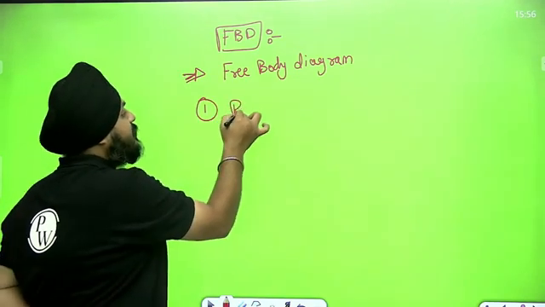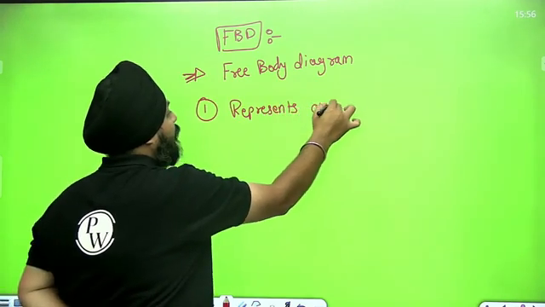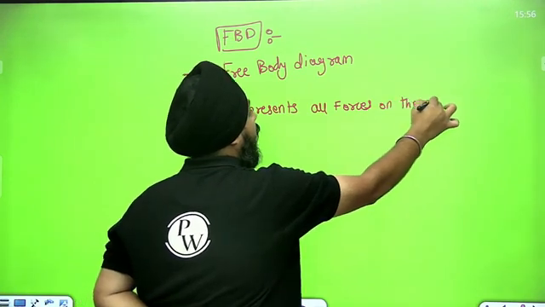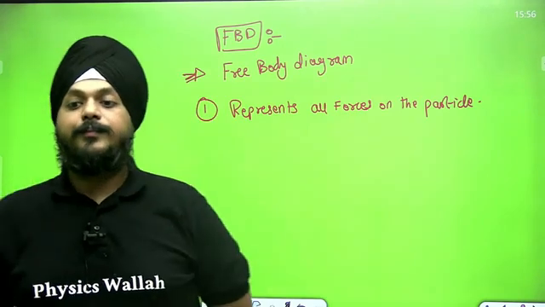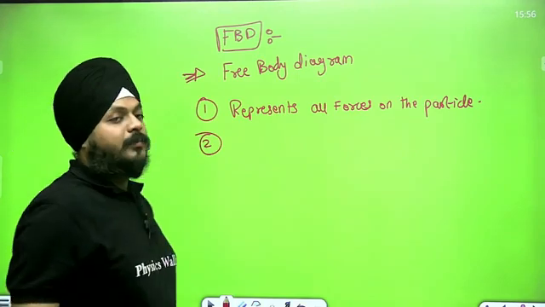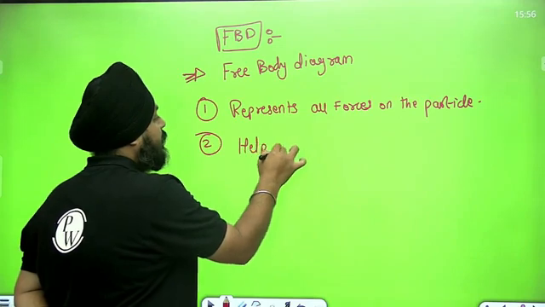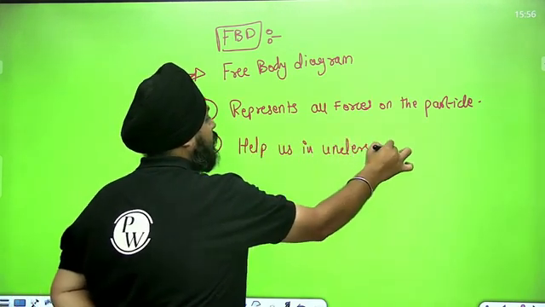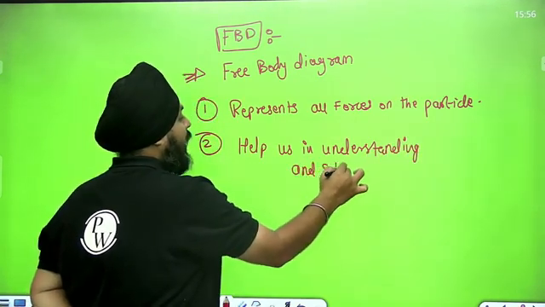It represents all forces on the specific particle, object or rigid body. A free body diagram helps us in understanding and solving problems in mechanics.